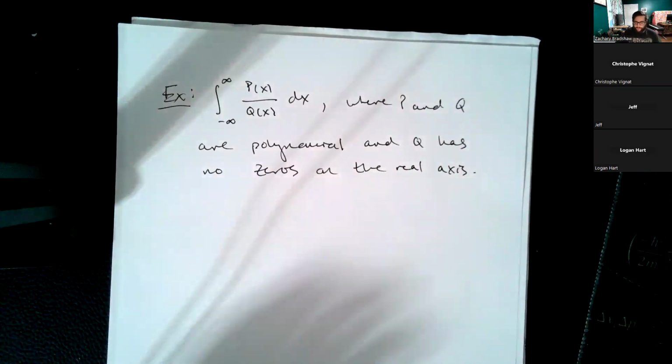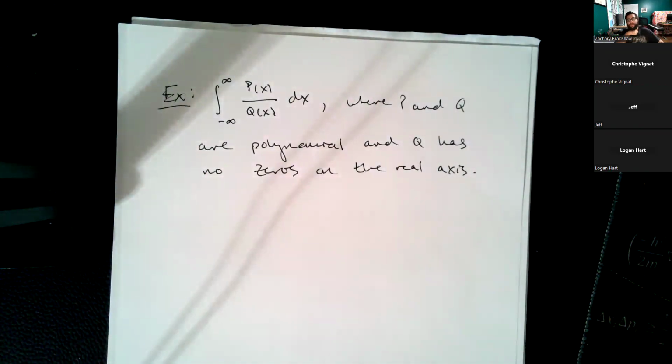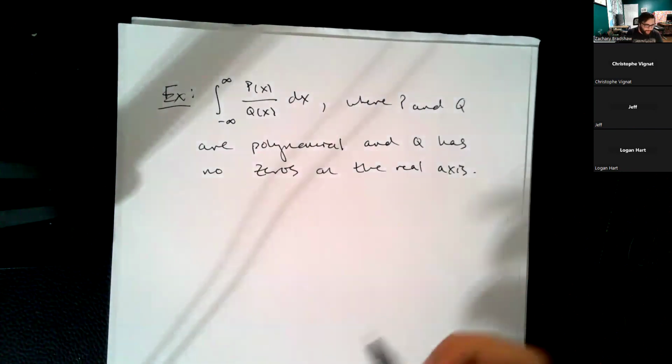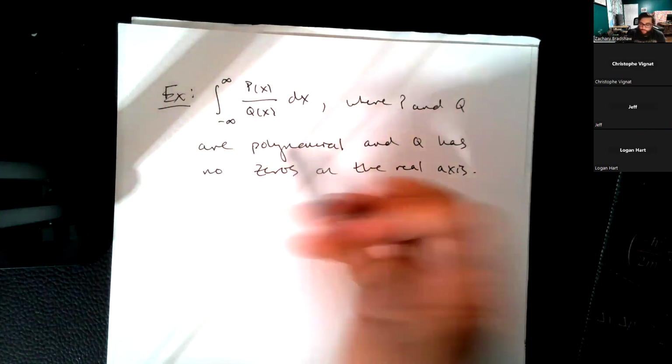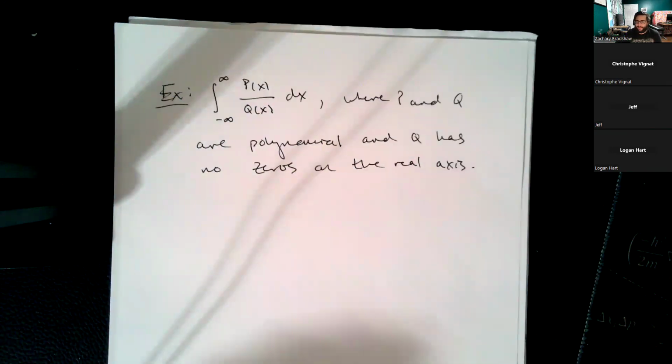Okay, so if you want to take the integral from minus infinity to infinity of a rational function like this, you can do it using the same exact contour as long as there are no zeros on the real axis. Okay? If there are zeros on the real axis, well, then you have to kind of play with it a little bit. I don't know if it works out, but I could see it maybe working. We'd have to work out the details. But anyway, so you just follow the same exact procedure with this guy.